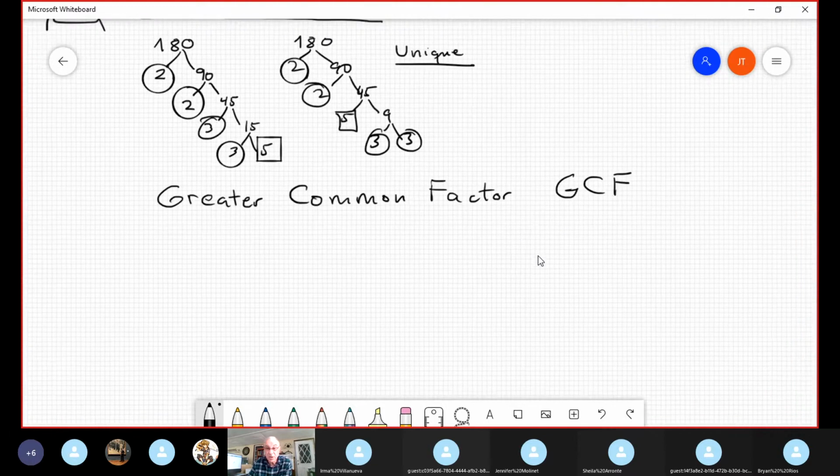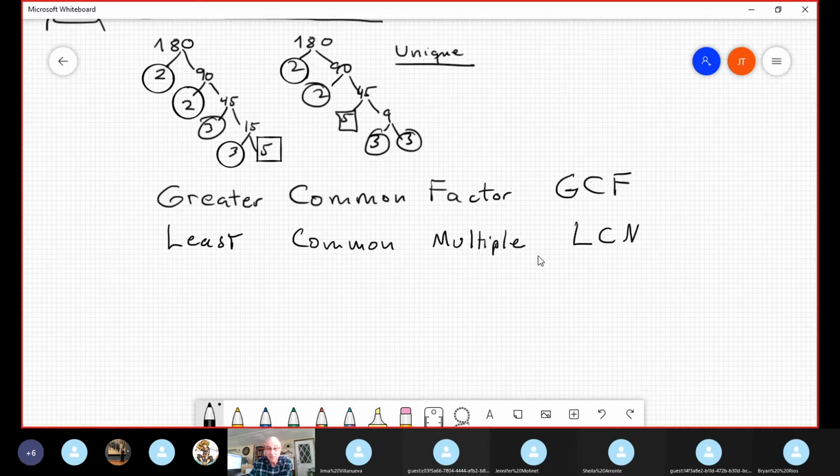And another important thing I need to discuss is the least common multiple. Okay, it's LCM. By the way, it's equivalent, synonymous, the same thing as denominator.